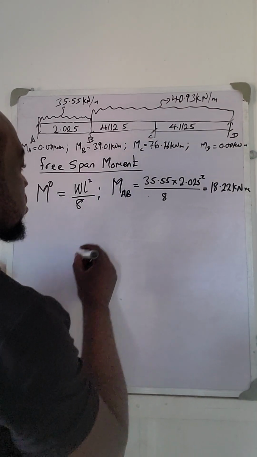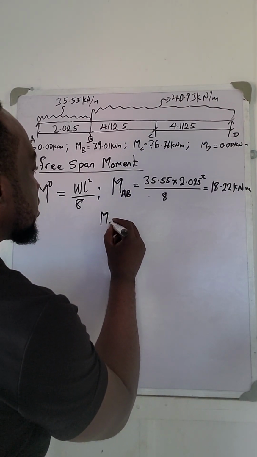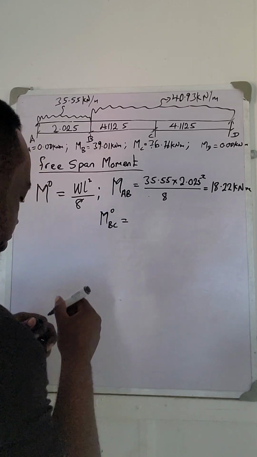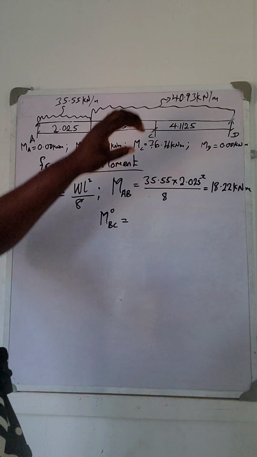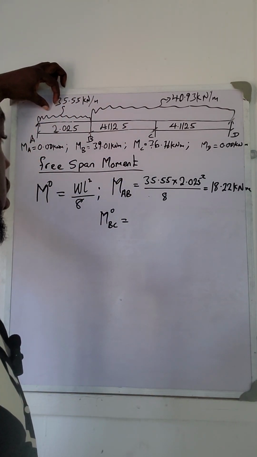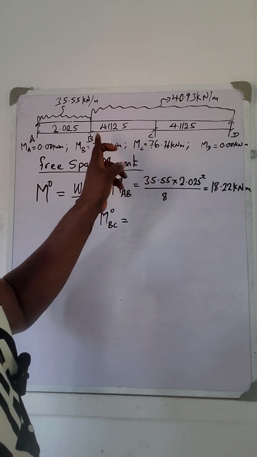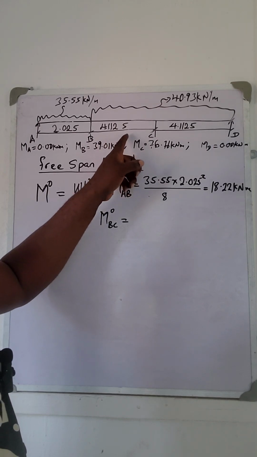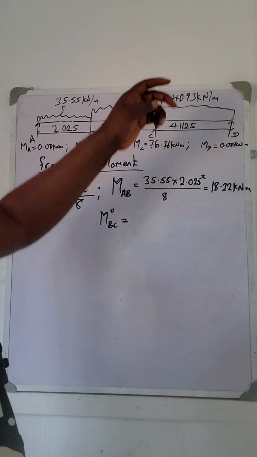Now we also talk about free span moment BC. In this case, our load is different from the first load, and our span is different. Between B and C, the span is 4.1125 and the load is 40.93.